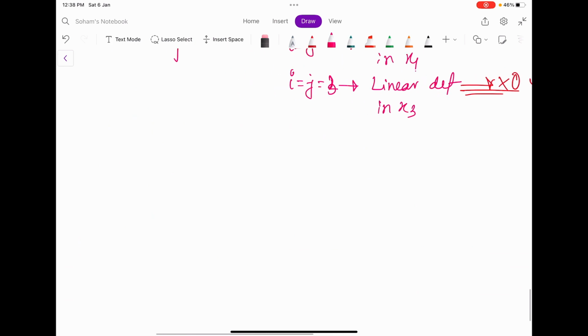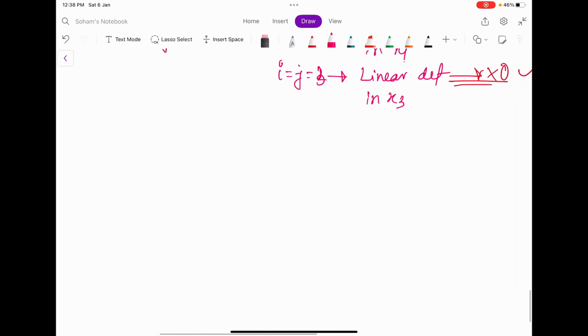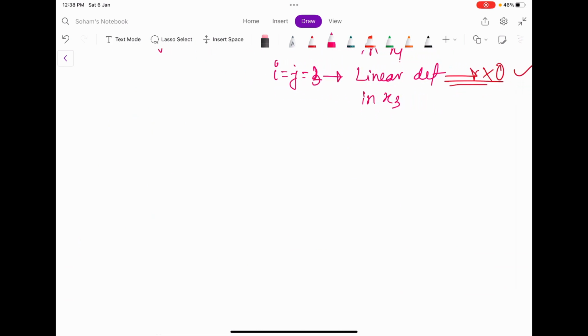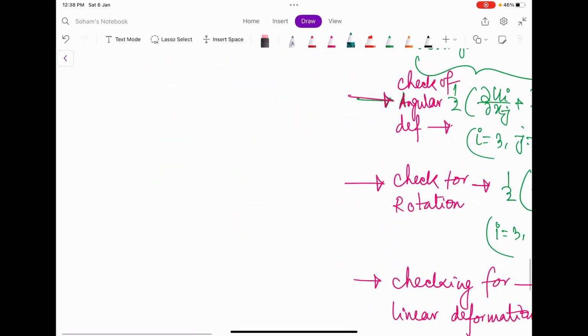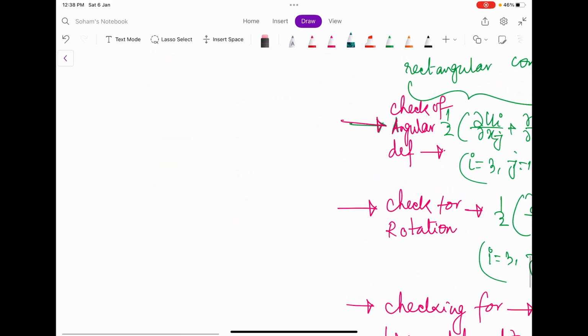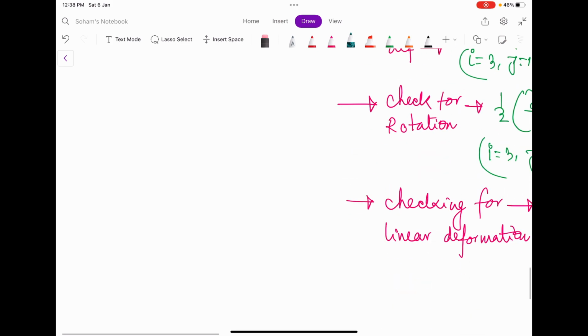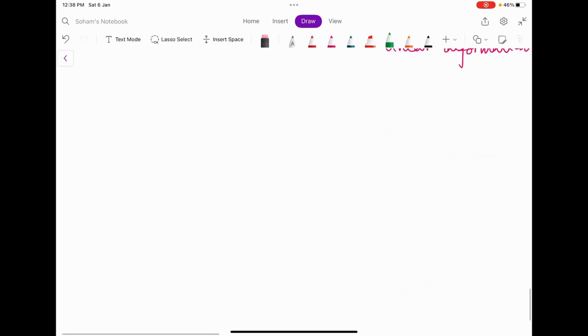Okay, so now let me go for another concept, that is the vortex. Okay, so I will just define what is a vortex and what are the two kinds of vortex. So vortex flows, so these are very interesting.